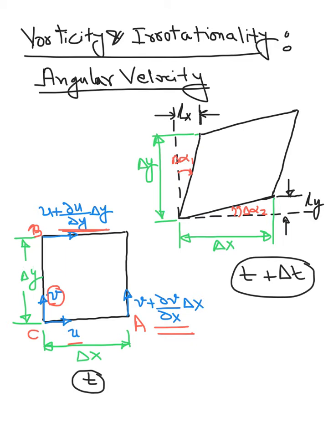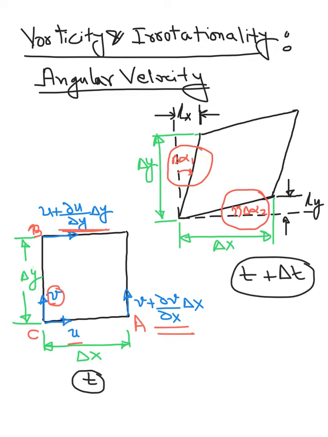Again we have the del x and del y, the dimensions of this element, but it has been a little bit contracted and rotated. Those rotations are indicated by these angles. Delta alpha 1 is the rotation in the clockwise direction, and delta alpha 2 is the rotation in the counterclockwise direction.